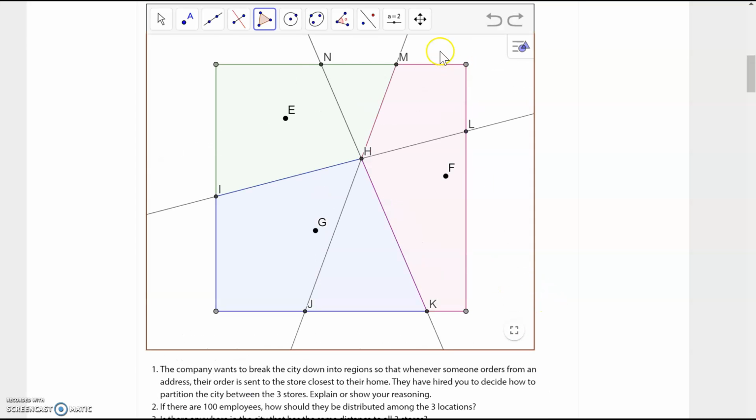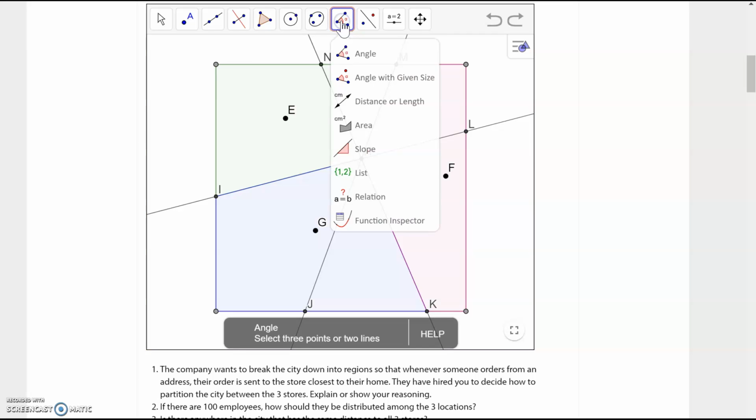So to answer that question, looking at these, the 3 areas are not equal, right? So what I want to do is figure out how big each of these areas are. And this applet will actually do that for me.